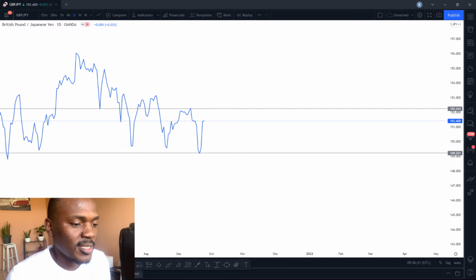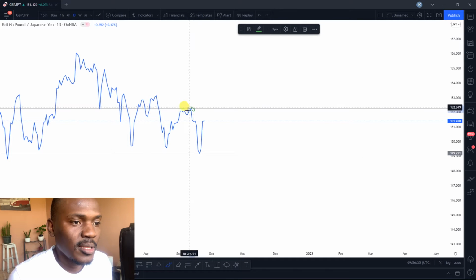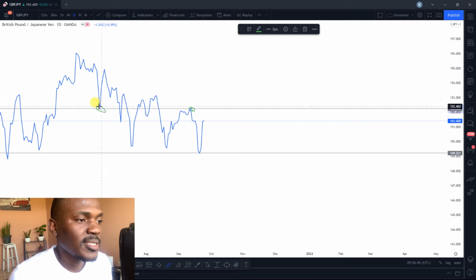As you guys can see here, the market U-turns here. This was resistance, and if you check here on your left, there's a support where the market turned.